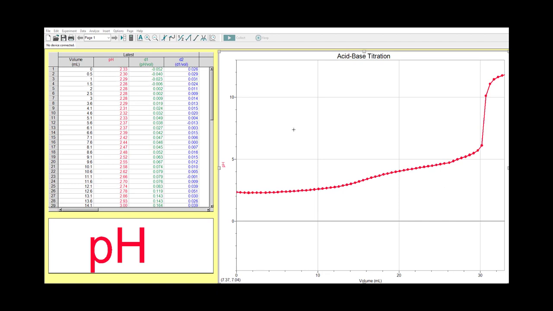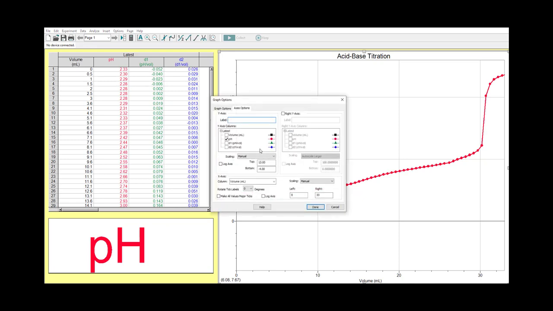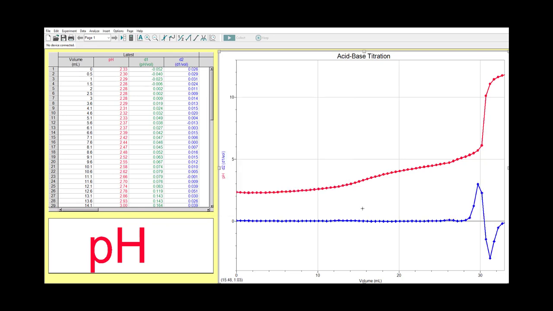You could add a second derivative plot to the graph. You do so by right-clicking on the graph, Graph Options, and then clicking on the D2 pH/D1 volume. Then you need to estimate a volume range for the first equivalence point and the second equivalence point.